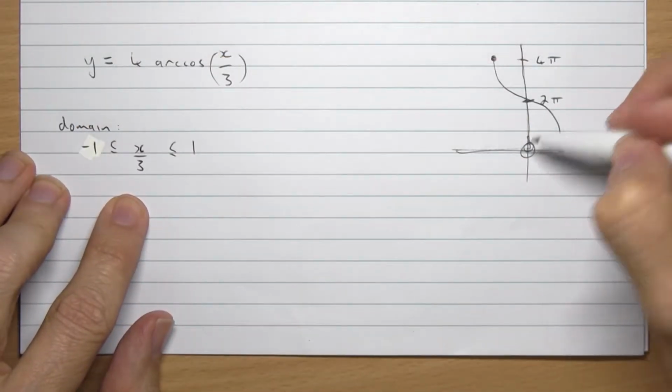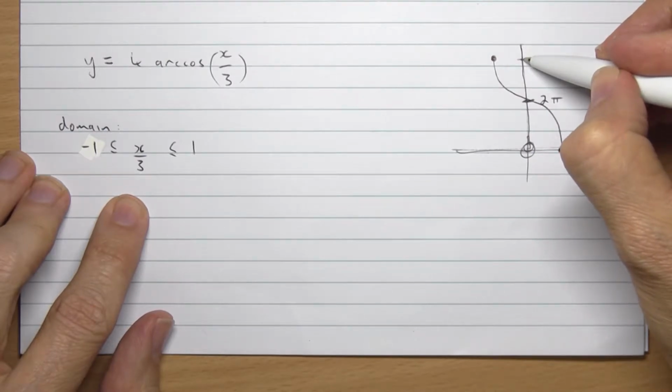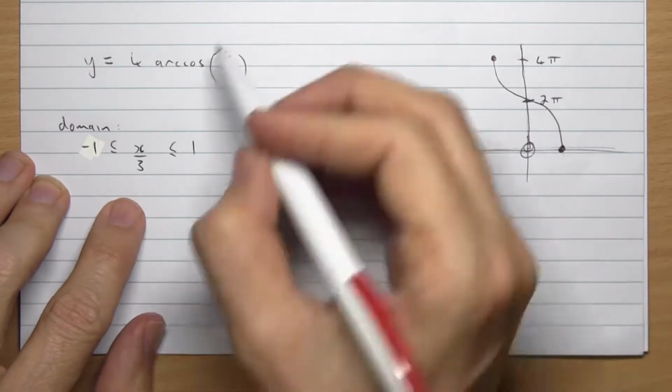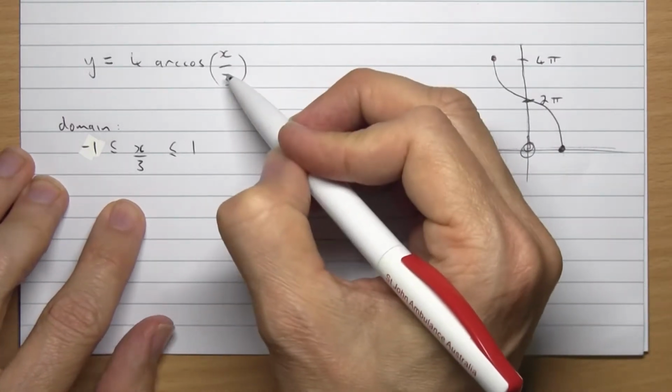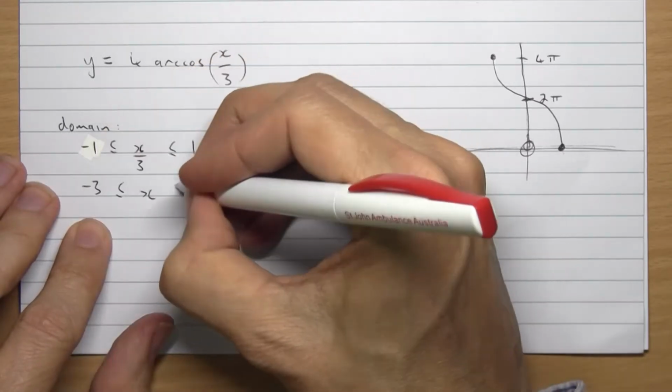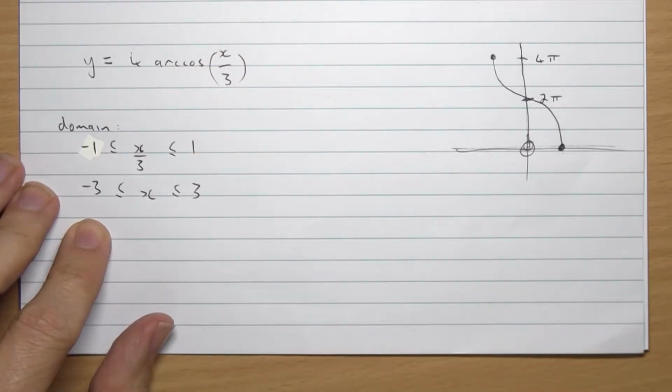The range is normally 0 to pi, so now 4 pi. The domain is -1 to 1, but that's the domain of x on 3. So x then is going from -3 to 3.